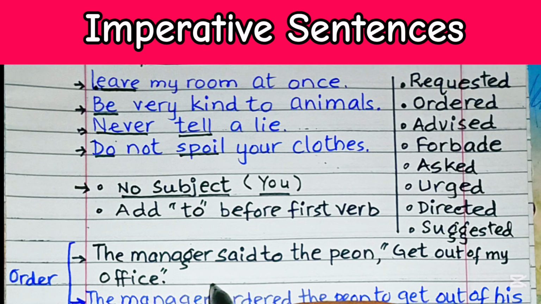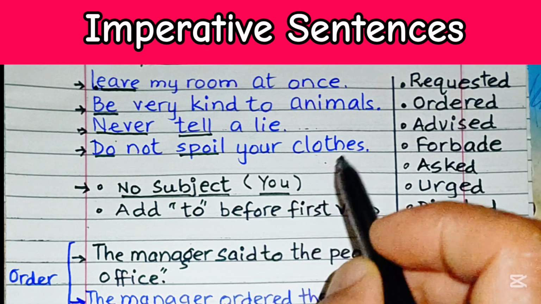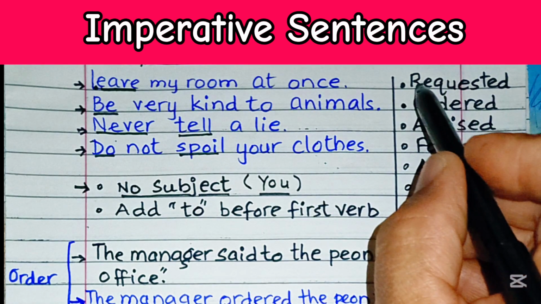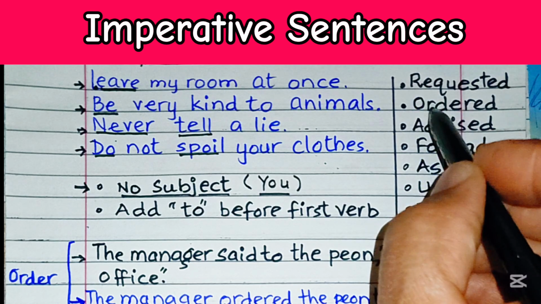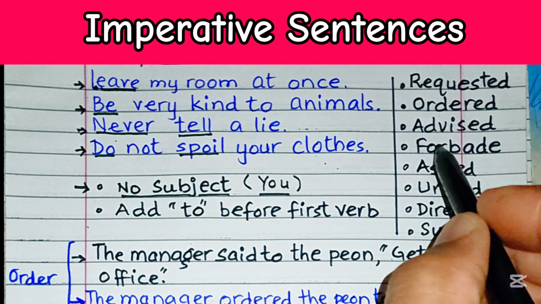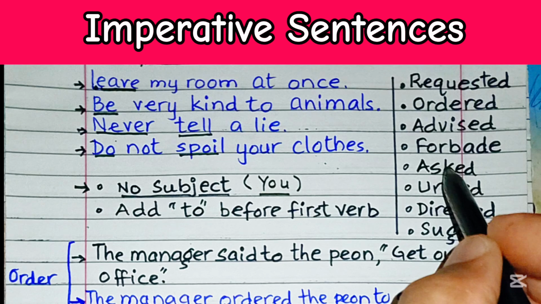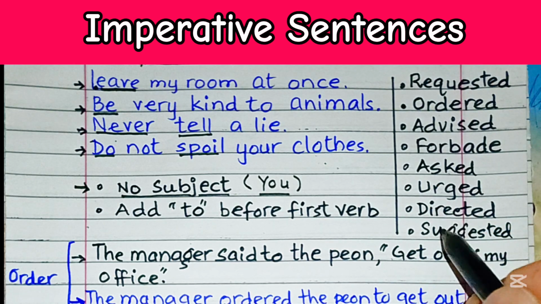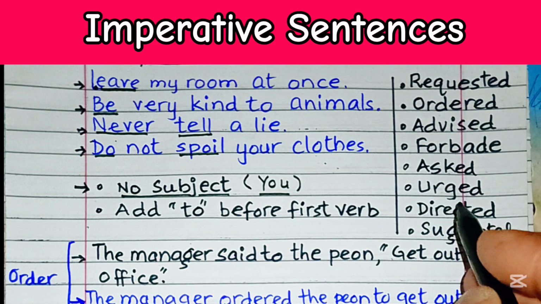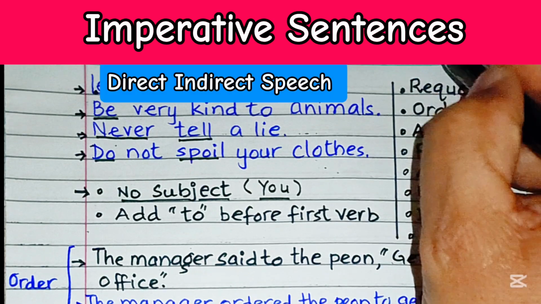So let's take a few examples in order to understand the concept. But before that, we should know that we use words like requested, ordered, advised, forbade, asked, directed, urged, and suggested in the reporting speech instead of the expression said to.